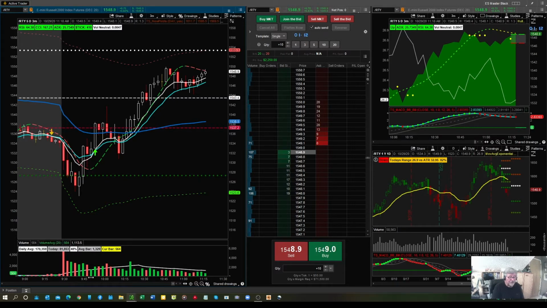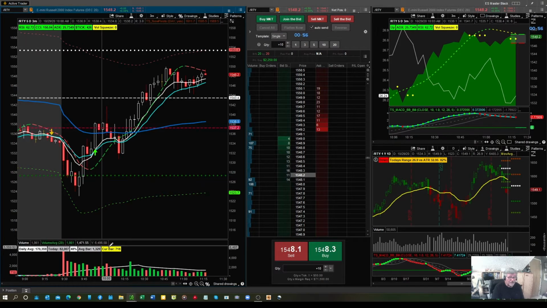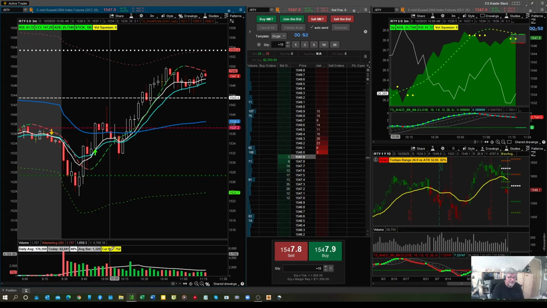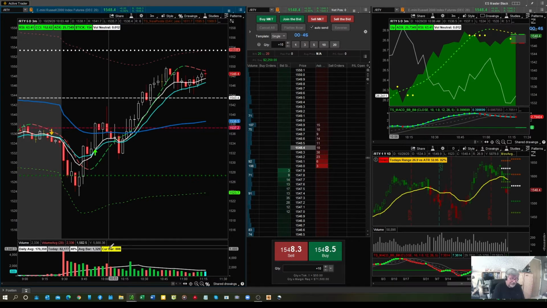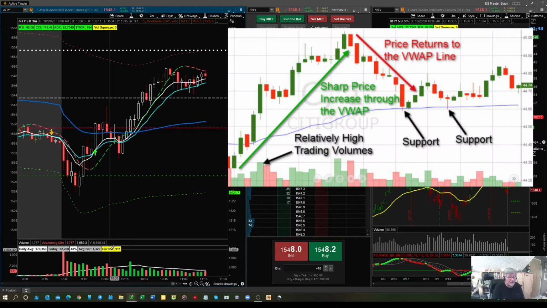Now, another thing that you have down here is the volume indicator, and I have something that I find helpful. It shows you the daily average, today's average, where it is in a percentage to the overall average, the average volume per bar. So when that current bar's volume exceeds the average bar, this will turn green, which will flash at you as an indication that volume is coming in.